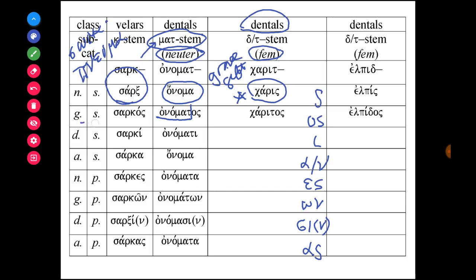So in the genitive singular, we see that the stem for charis is charit, and therefore it ends, in fact, with a dental consonant, as we expect. And so the form for the genitive singular, if we add os to it, is charitos. And the dative singular would be chariti.